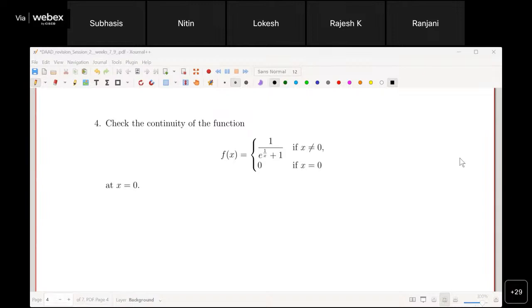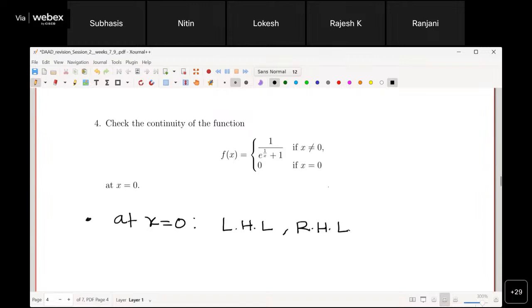So what we need to first check, can you tell me? First, check the left hand limit and right hand limit for x equal to 0. Yes, at x equal to 0, I need to check the left hand limit and the right hand limit, and then one more thing.